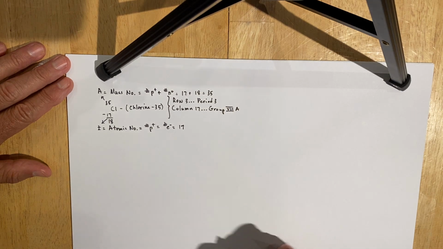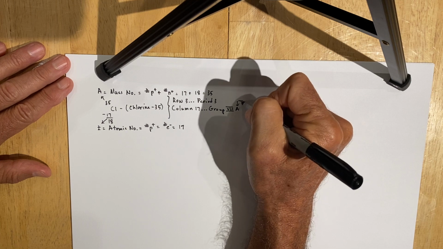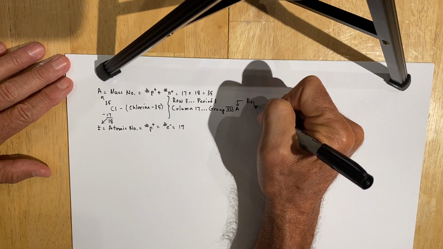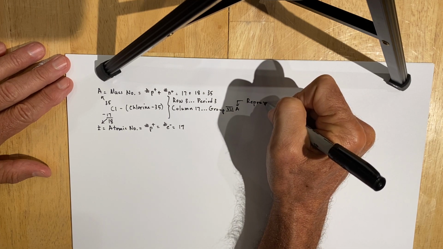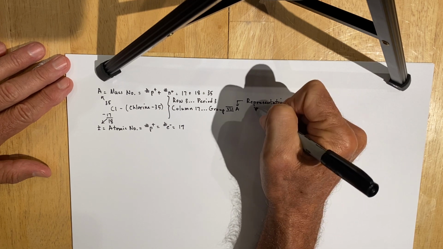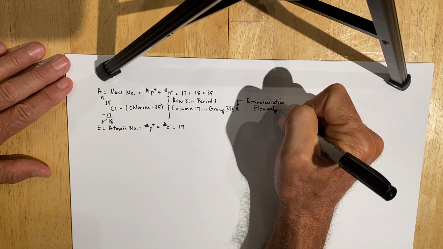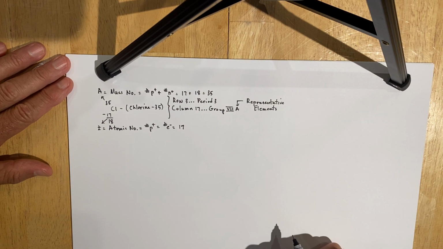So it has 7 valence electrons, keeping in mind that the A elements are the representative elements. And as such, the representative elements have Roman numerals which represent the number of valence electrons.